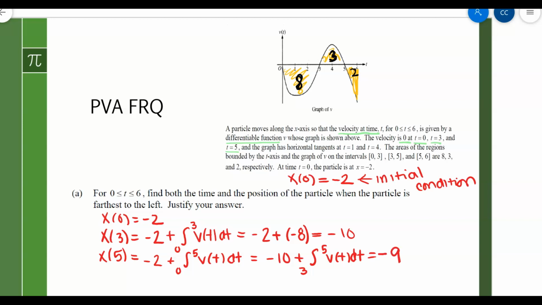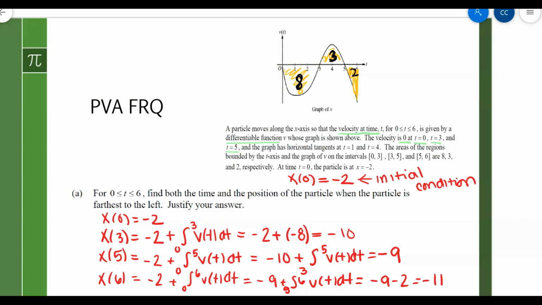And then the last position we are going to consider or look at is x sub 6. So again, it's either the integral from 0 to 6, or our last position there, plus 5 to 6, which would be -9 minus 2, which is -11.